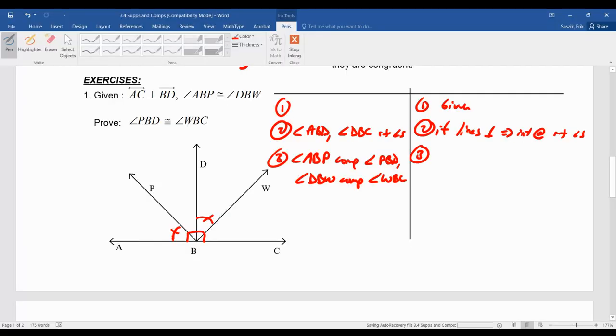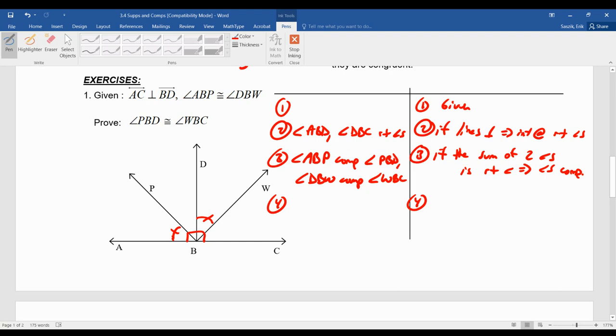And this is something on our gold sheet as well. This is gold number 15, 15B actually. If the sum of two angles is a right angle, then angles are complementary. I know it seems silly, but yeah, we still have to say that they're complementary.